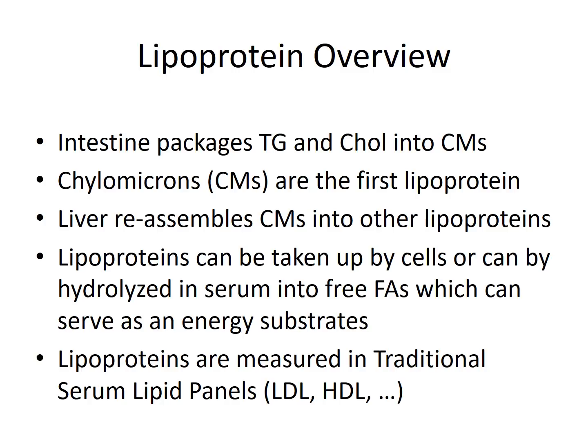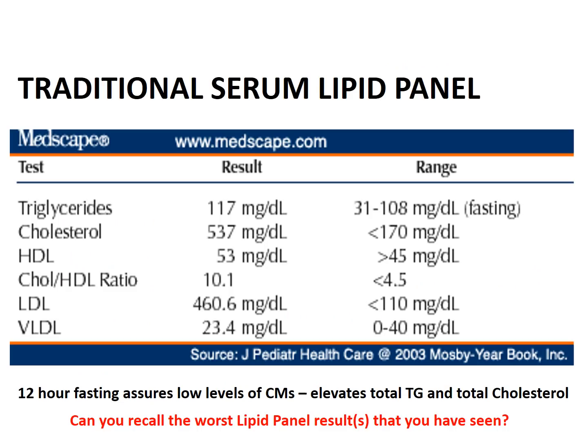You eat fat, you break down the fat into small molecules, you absorb it, you reassemble it into a chylomicron, you get that to the liver, and then those chylomicrons are broken down and then reassembled into the other lipoproteins. Remember, a lipoprotein is this complex molecule which is made up of varying types of fat and proteins.